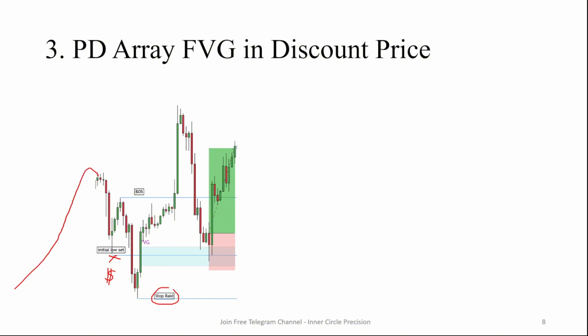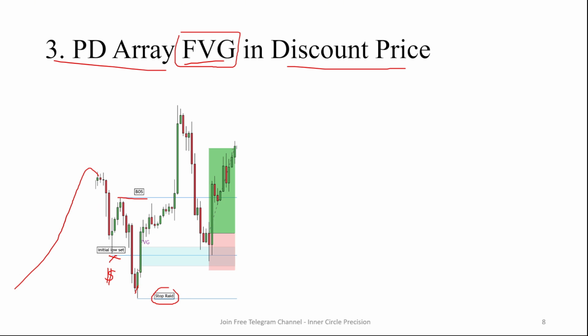After that, we can see a structure shift to the upside. Then after that, a break of structure was issued. From that break of structure, we want to look for a PD array, which is basically a fair value gap within the discount price. Of course, I understand there are a lot of PD arrays available, but in this particular instance, we are going to be using a fair value gap for the sake of not confusing traders.